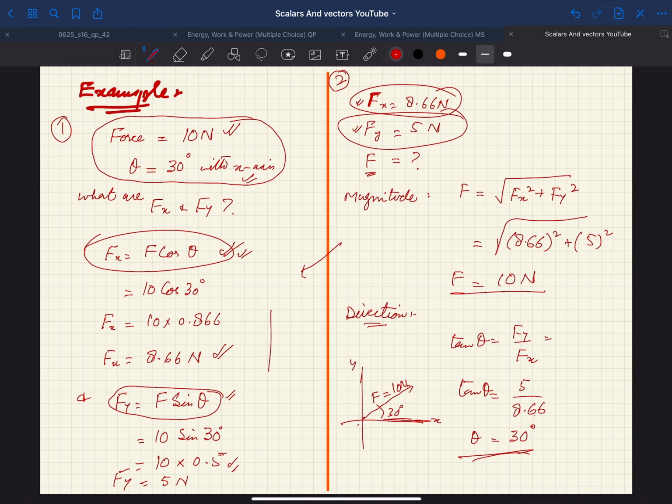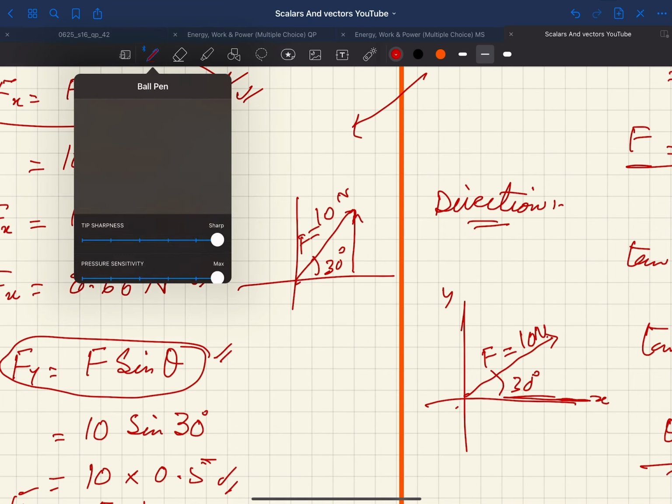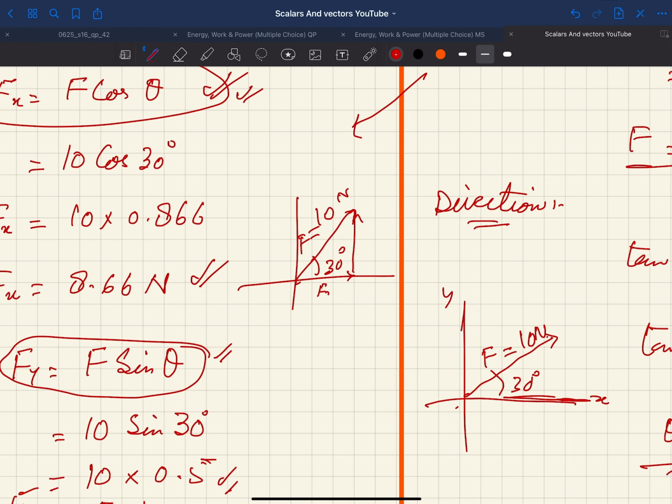Same is the case here. If you have the force given, which is 10 Newton, and of course I am not drawing the diagram to scale, but just to show you what is going on. So F Newton here, and the two components are Fx and Fy, and their values we have already calculated.